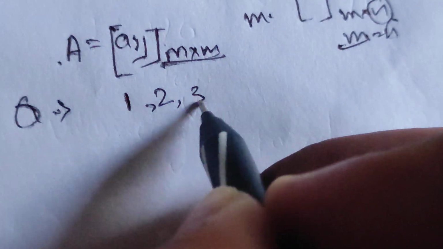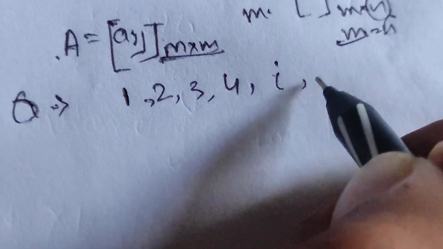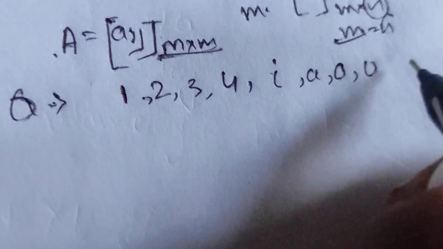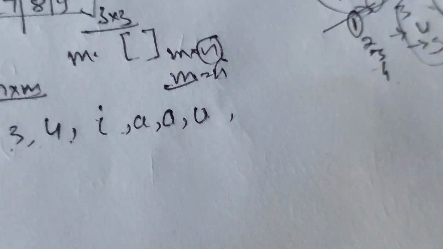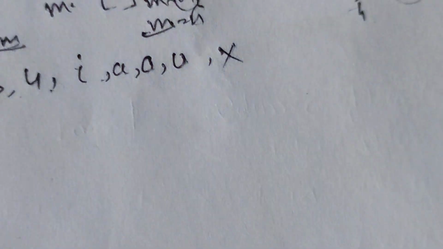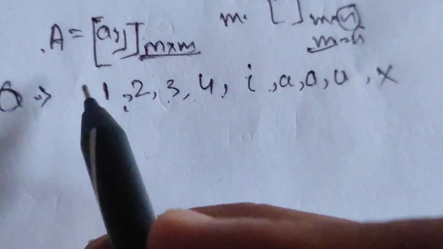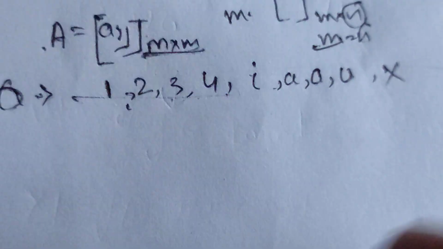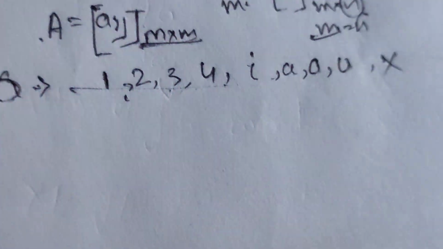For example, this is our question: say 1 2 3 4, and say I A O U, and 1 2 3 4 5 6 7 8, and let's suppose x. Maybe this is an example of it. These are random items from mathematics or algebra.